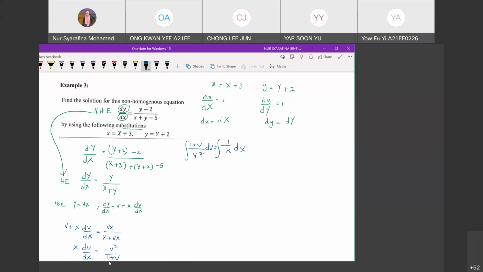So from here we have ln v minus 1 over v equals to minus ln x plus c.